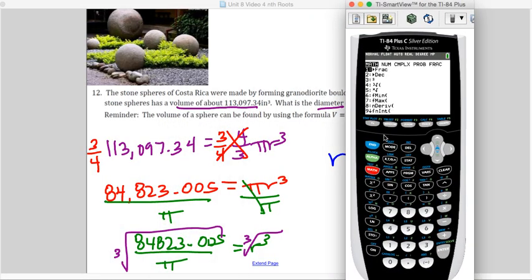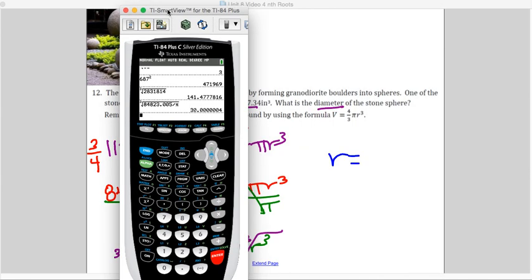So math, cubed root, 84,823.005 divided by pi, so second pi, which is above the caret here, enter. So my radius is 30.0000004, okay? And I'm going to write that down.